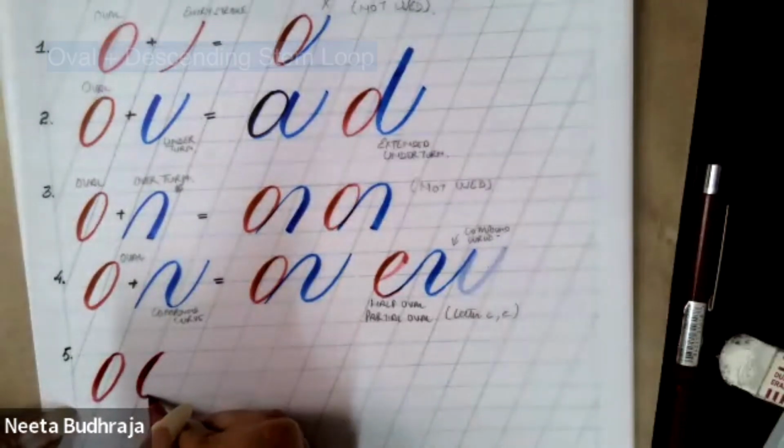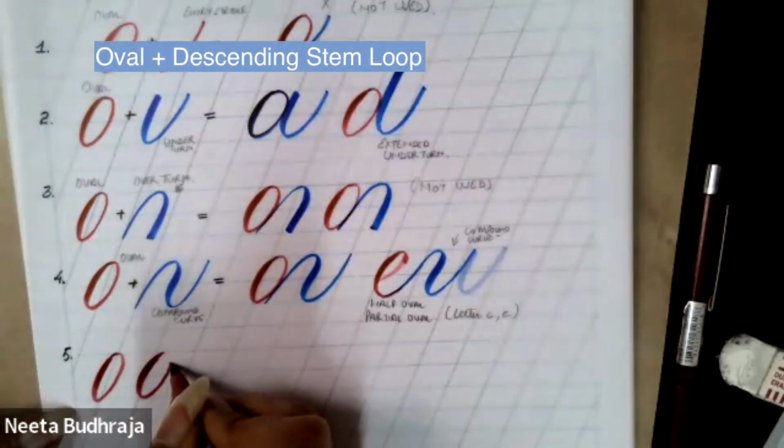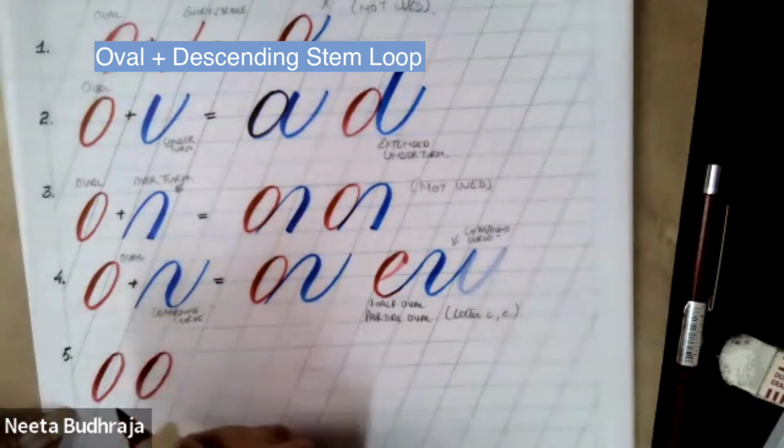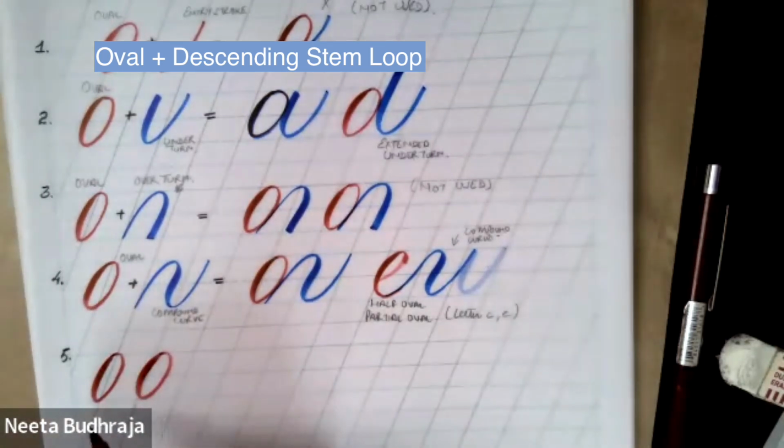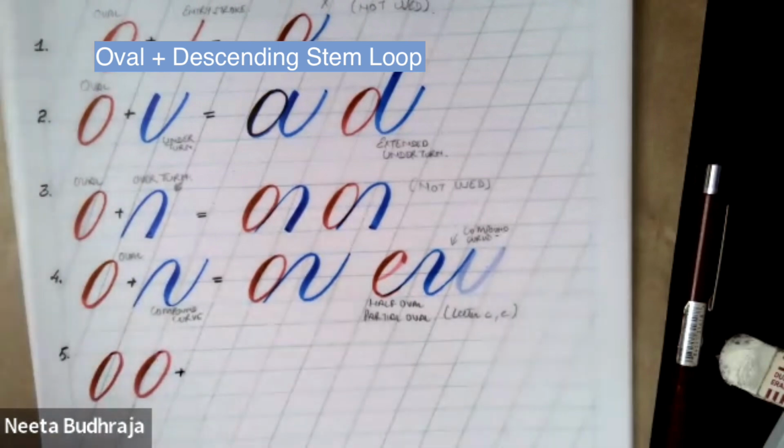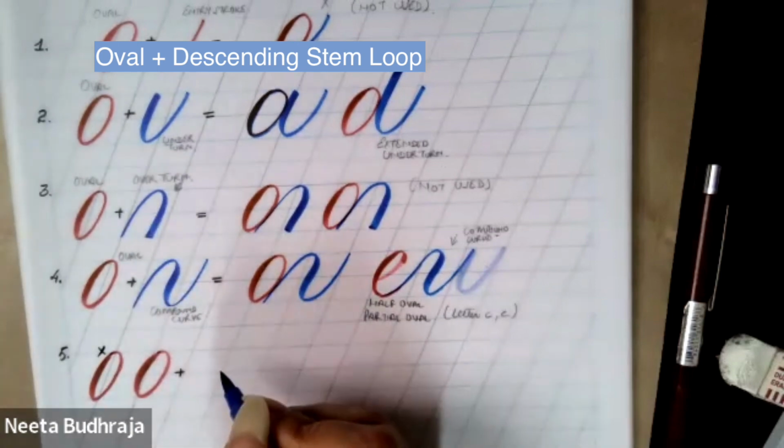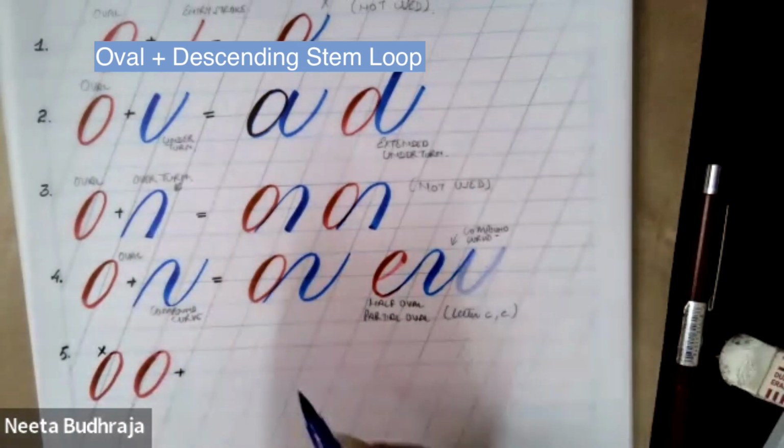These days I am practicing more of Spencerian script, which is more pointy. So I think it is coming from there. So now plus our next stroke is, let's cross this, that this is not there in case, so that there is no confusion. And now let's combine it with our ascending stem loop.